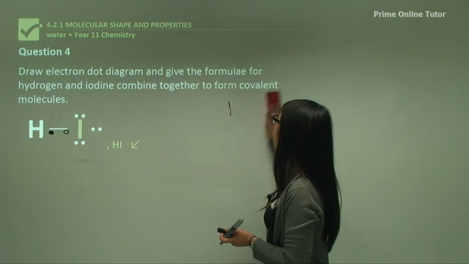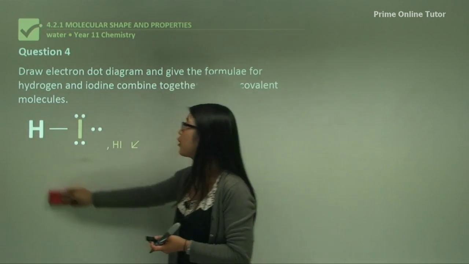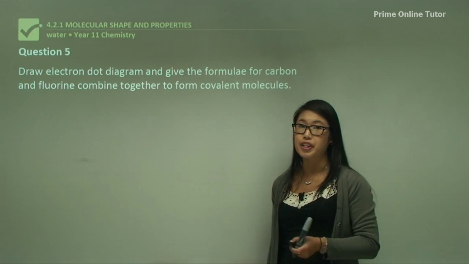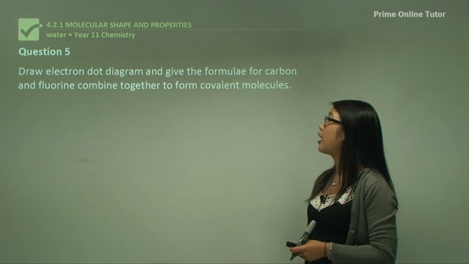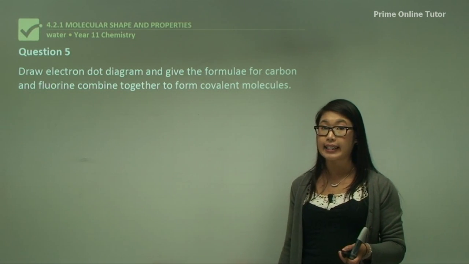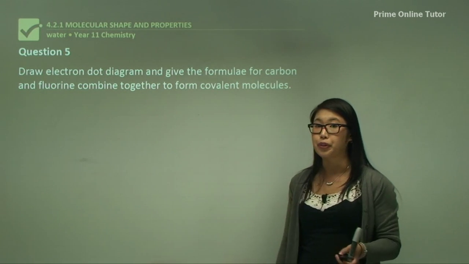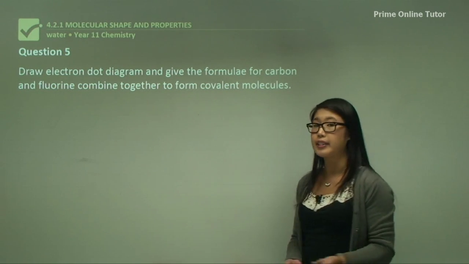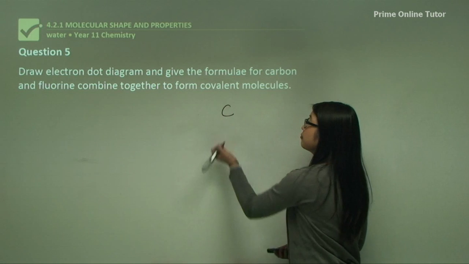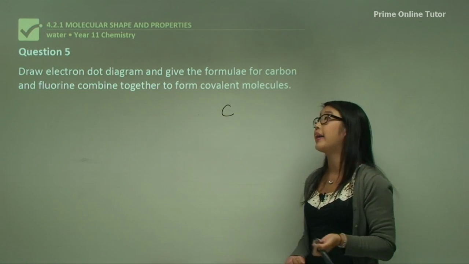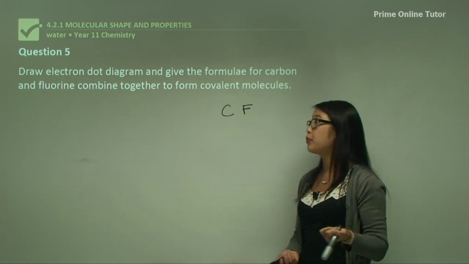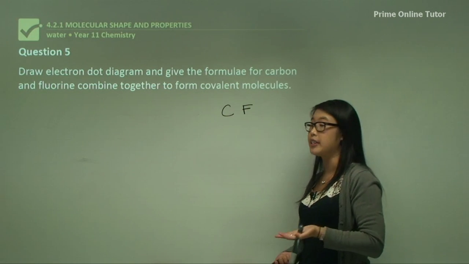So the last question, question number 5. Draw the electron-dot diagram and give the formula for carbon and fluorine which combine together to form covalent molecules. So carbon is represented by C. Fluorine is represented by an F. When you look at the periodic table, carbon will have 4 electrons in its outermost shell.